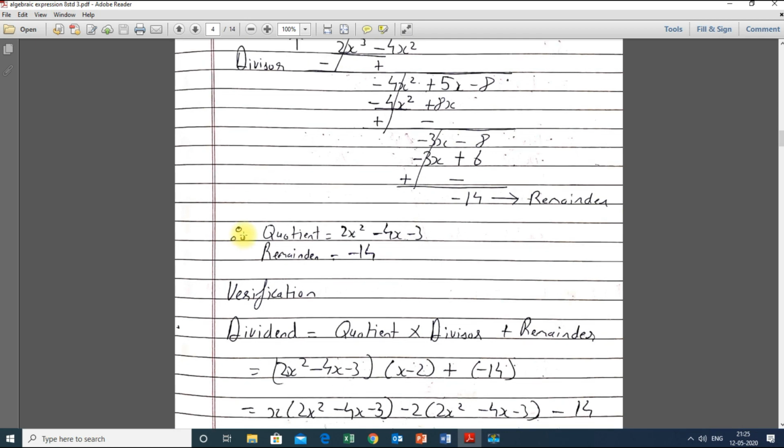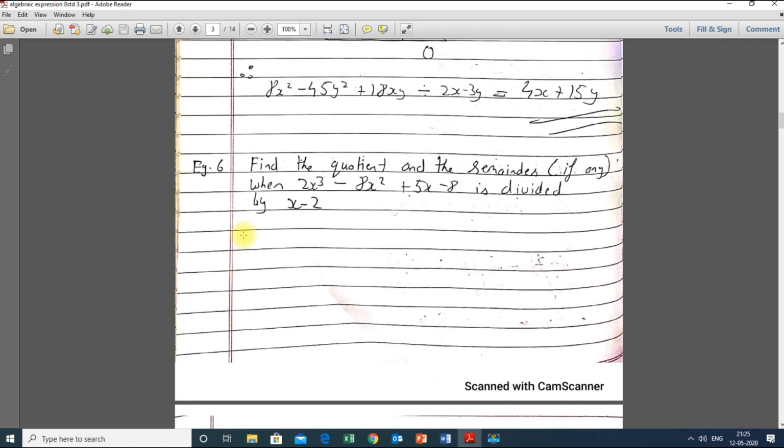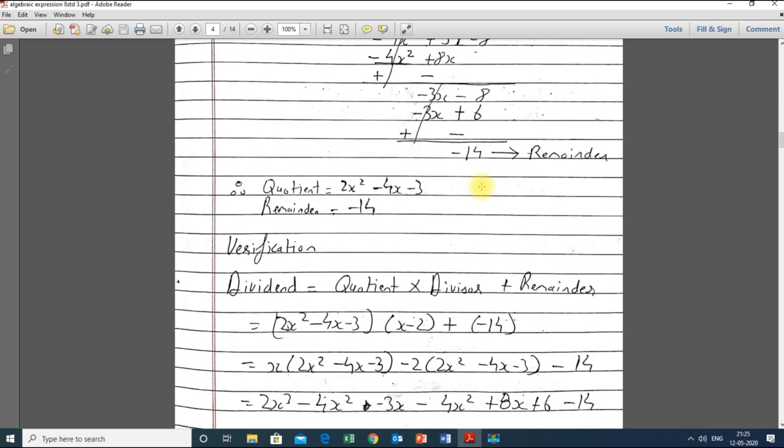Now, as they were asking the further part of the question, they are asking us to find the quotient and the remainder. That's what we have found. Quotient is this and the remainder is minus 14. You can see the answer over here. Now, you can always verify division. For example, when I divide 14 by 2, my answer is 7.